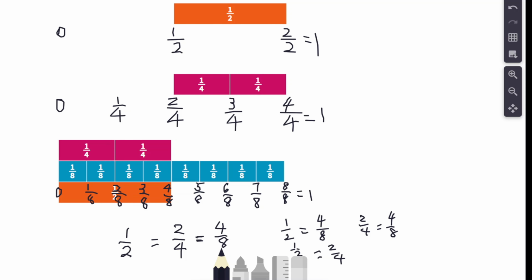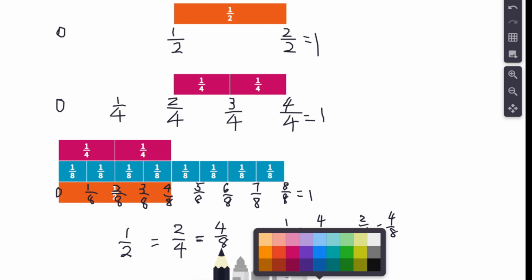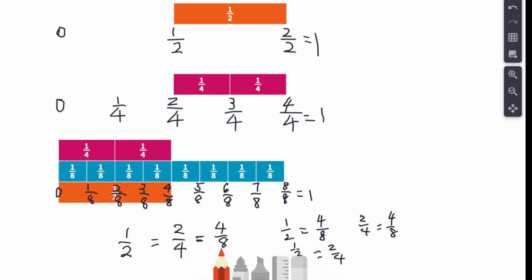So what are these fractions called? These fractions, as we realize, are equal to each other.